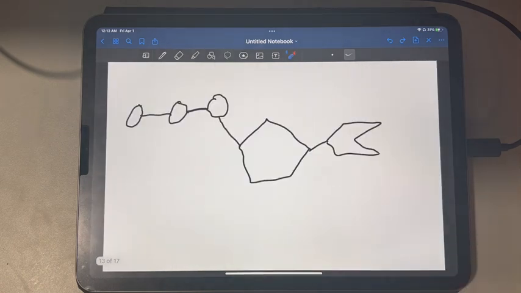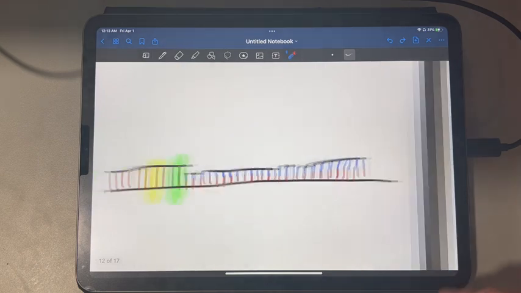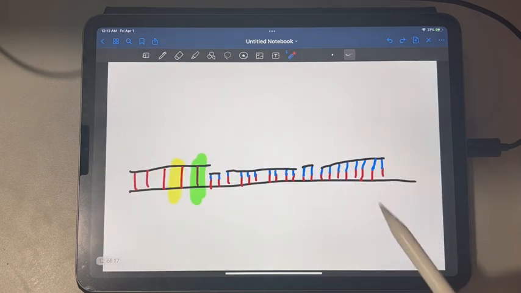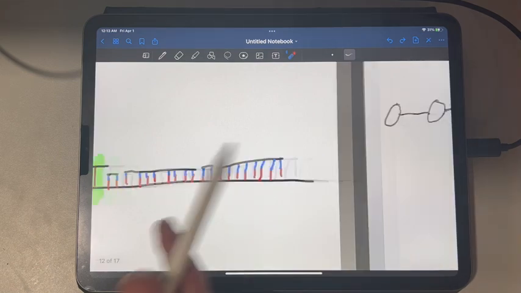So you might be wondering, where does the energy come from in this reaction? As you can see, there's all these bases being added and all of this bonding happening, but where does the energy come from?